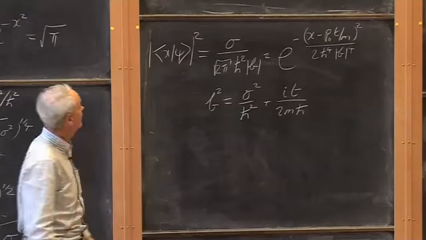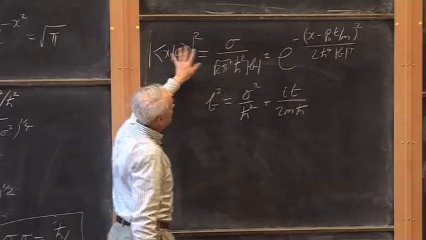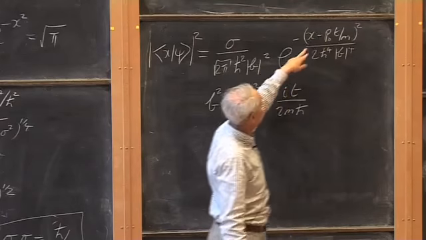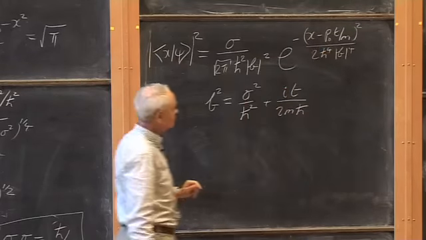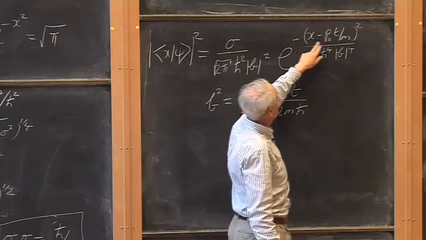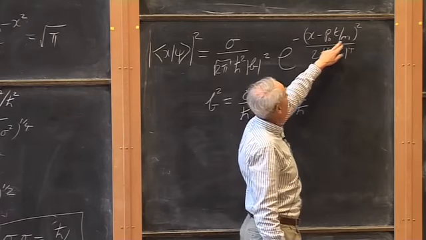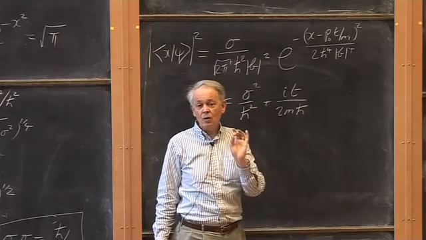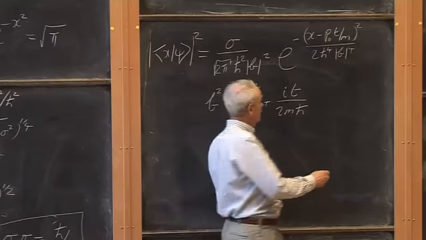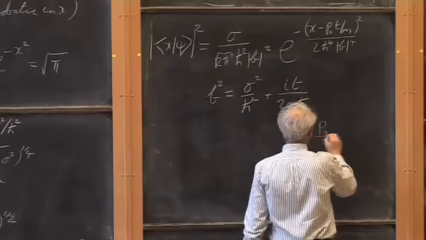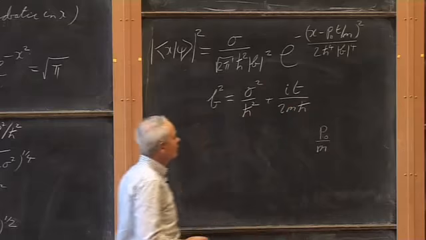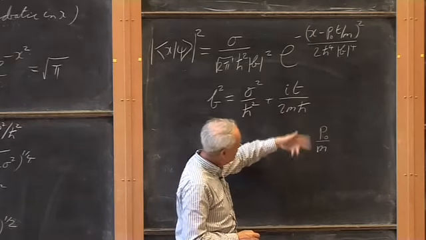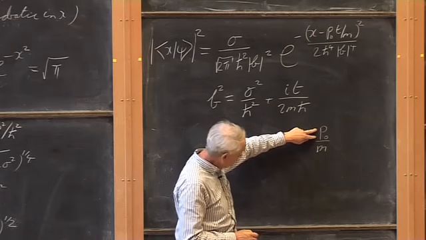So what have we got? This is a Gaussian distribution in x. At any fixed time, it's a Gaussian distribution in x. The center of the Gaussian is at p0 over m times time, which means that it's centered on what one would call v times time, right? Because p0 over m, we said, was the mean momentum, the expectation value of the momentum of our original wave function.